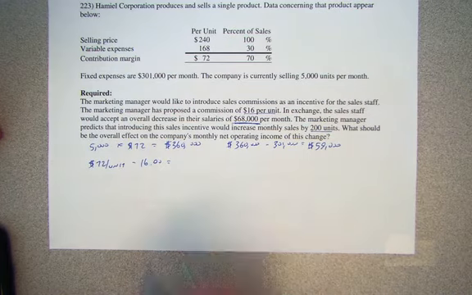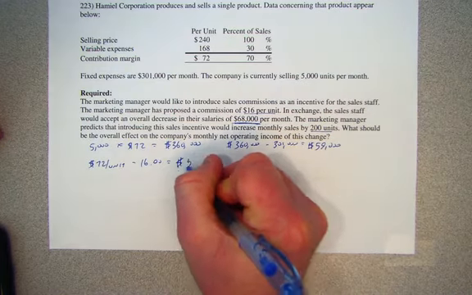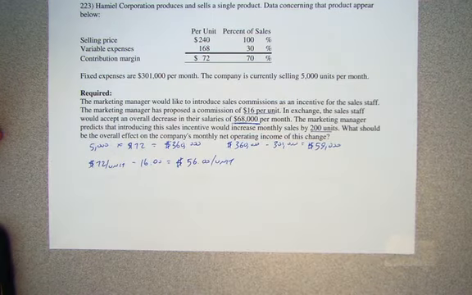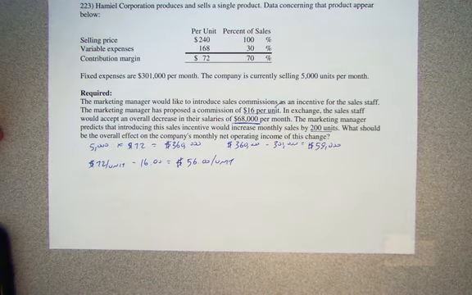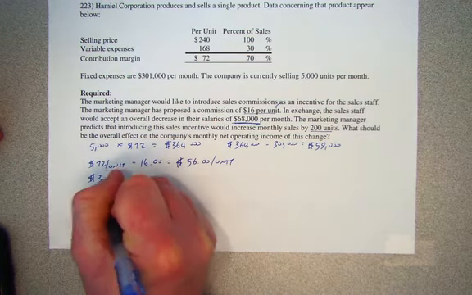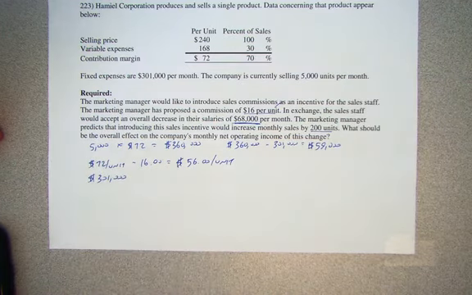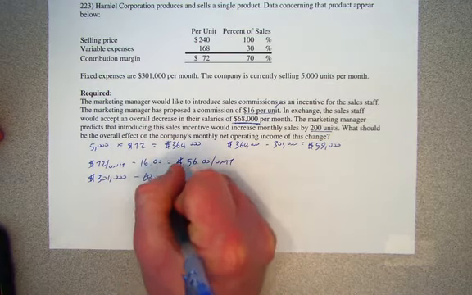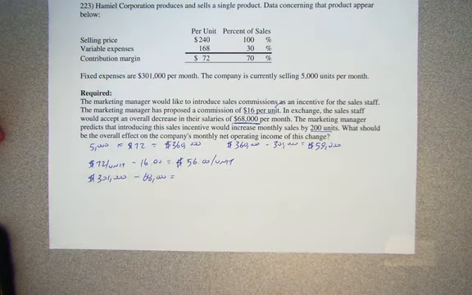So right now our contribution margin is $72 per unit, but if we add an additional expense in there, 72 minus 16, that means our contribution margin is going to drop to $56 per unit. Because for every additional unit that we sell, we're going to have to pay a sales commission to the salesperson.